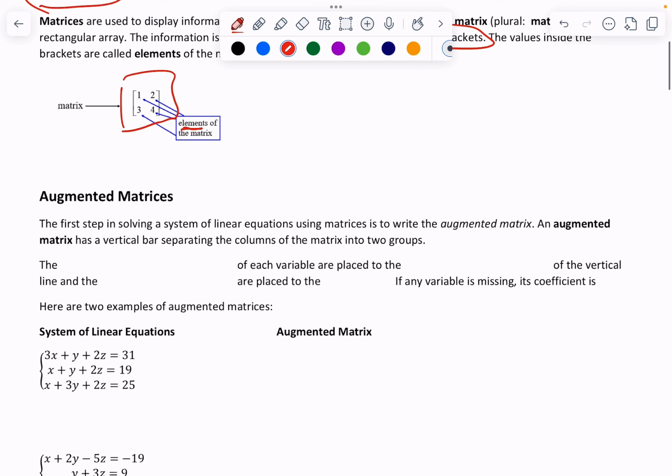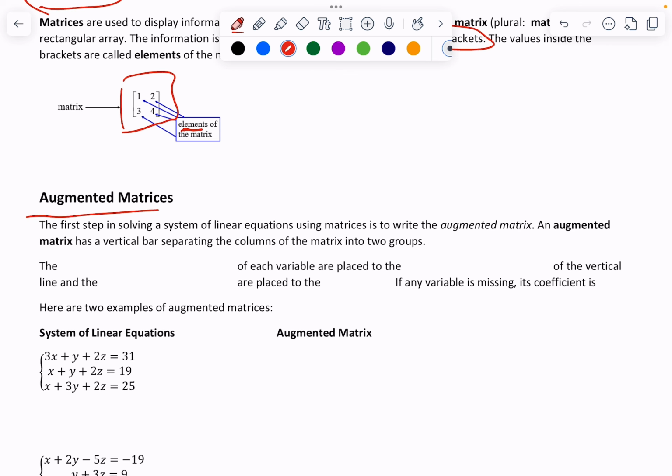Next, we're going to look at augmented matrices. The first step in solving a system of linear equations using matrices is to write the augmented matrix. An augmented matrix has a vertical bar separating the columns of the matrix into two groups.